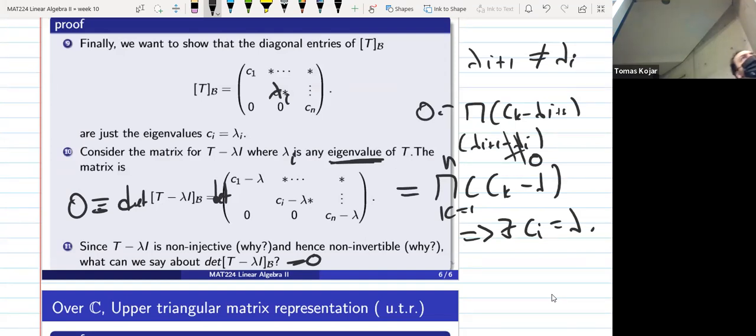Oh, no, they could be the same. Like what will happen is that in your diagonal, the c_i's will be repeated.